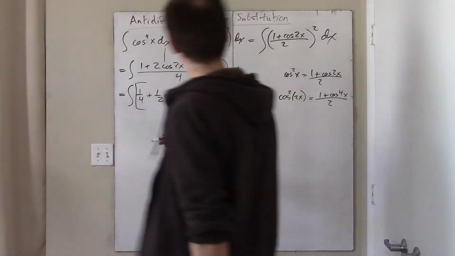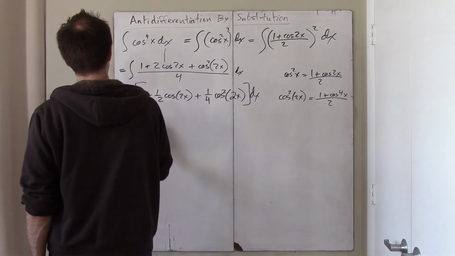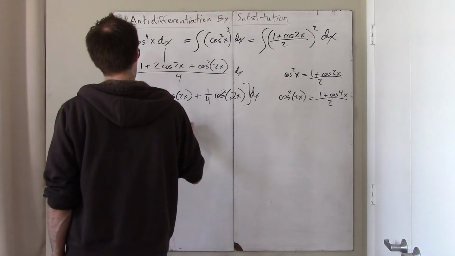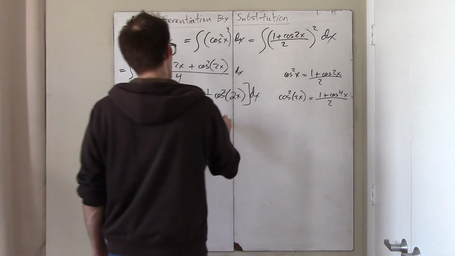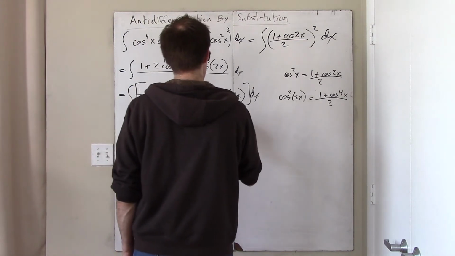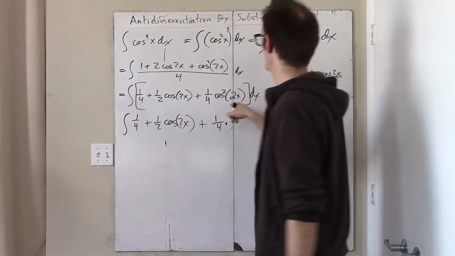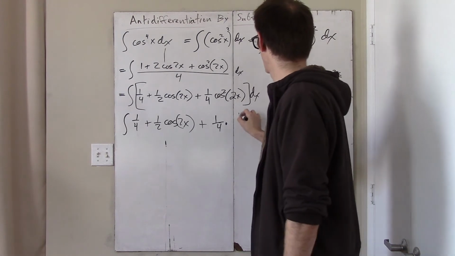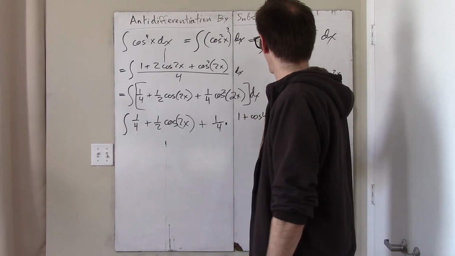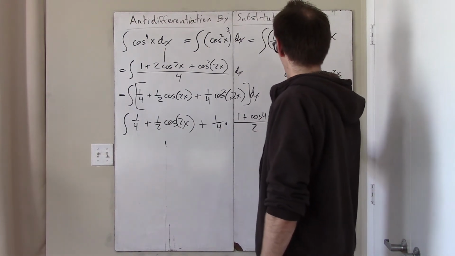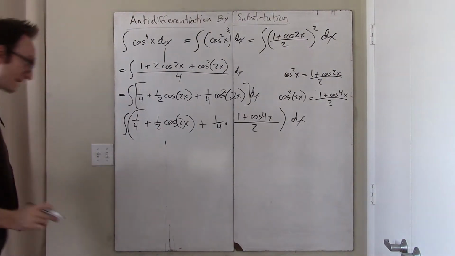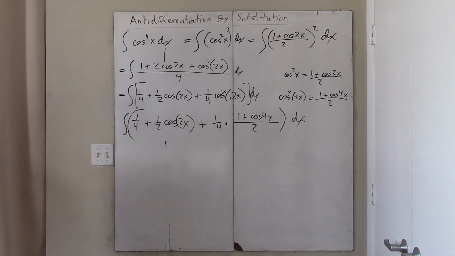So then this is 1/4 plus 1/2 cosine 2x plus 1/4 times, in place of cosine squared 2x, (1 plus cosine 4x) all over 2. And that, not really a nightmare but not fun, needs to be simplified more.